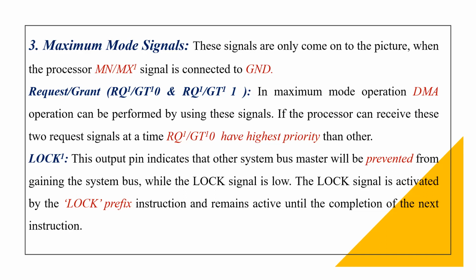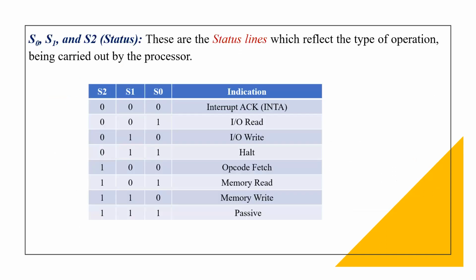Basically, the signal is activated by the processor only when it is going to execute an instruction which has a lock prefix. This lock bar signal is active as long as the processor executes an instruction which has a lock prefix. Once that instruction execution is complete, automatically the lock bar signal is deactivated. So that is the use of this lock bar.